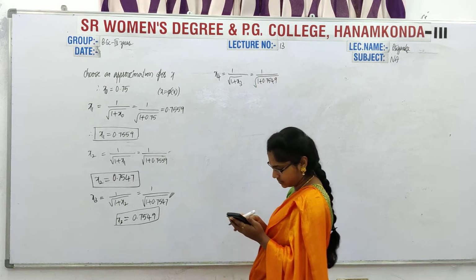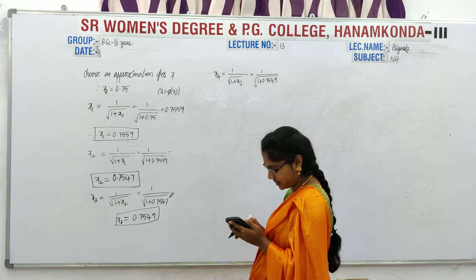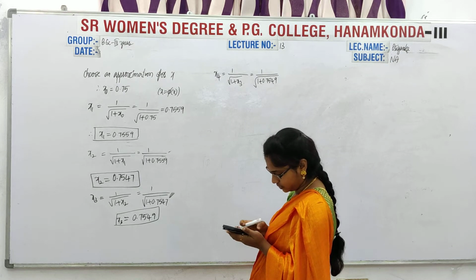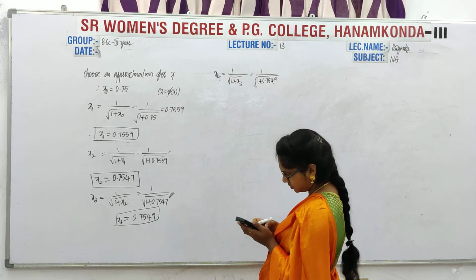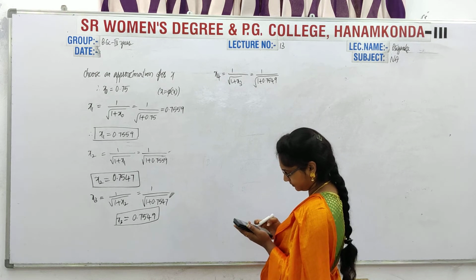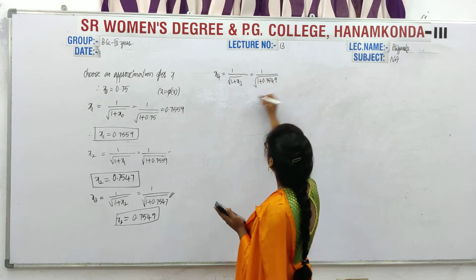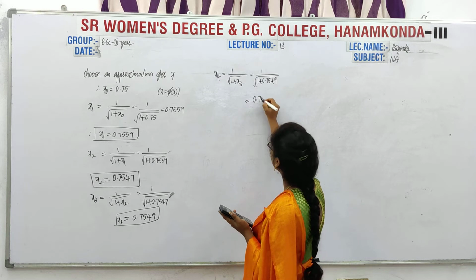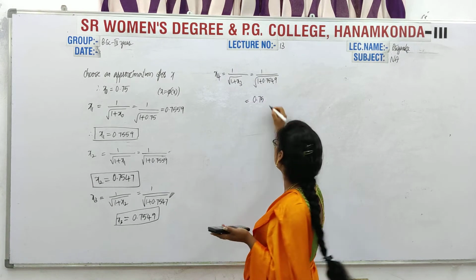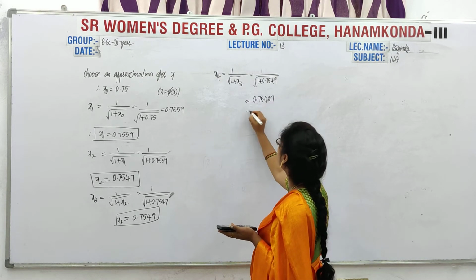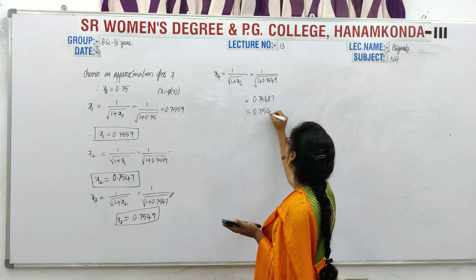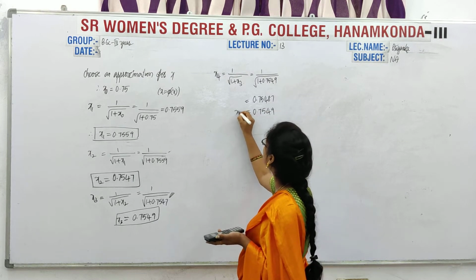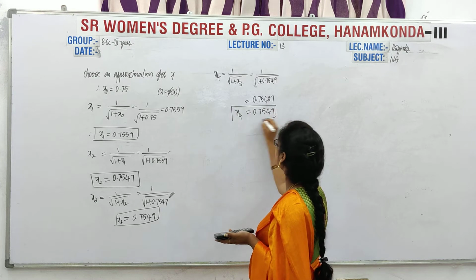Now calculate it: 1 whole divided by under root of 1.7549. Now it is nothing but 0.75487. I am taking 0.7549. Clearly we got the same answer.